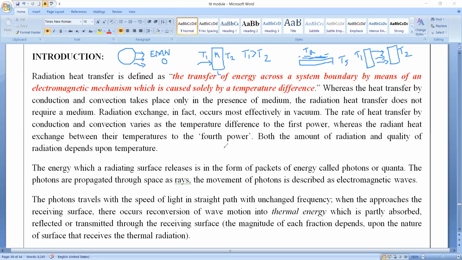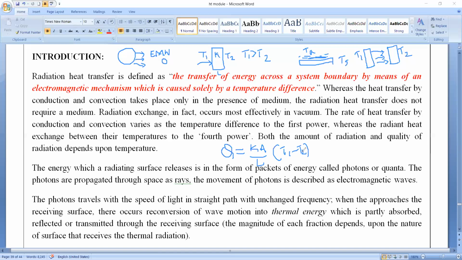Now if we consider conduction heat transfer, Q is the rate of heat transfer by conduction, which is given by the Fourier law of conduction: Q = kA/L × (T1 − T2). Consider a plane wall having thermal conductivity k, with surface temperatures T1 and T2 respectively, and thickness L. According to Fourier's law, Q = kA/L × (T1 − T2).